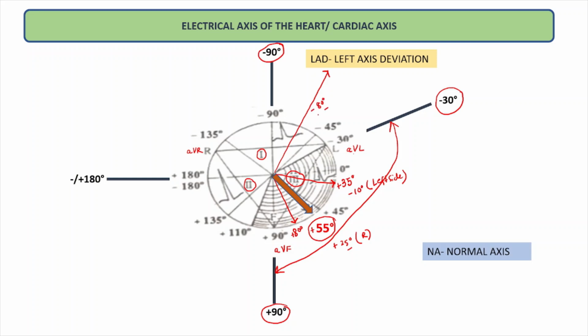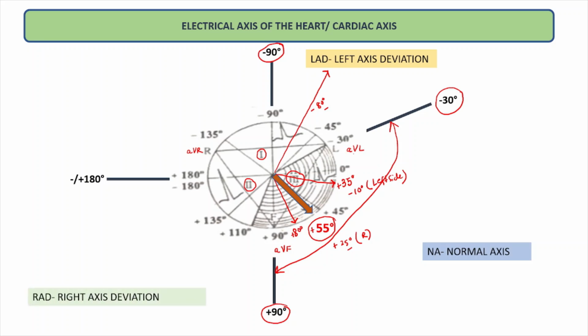So minus 80 degree is left axis deviation. There are various reasons for left axis deviation, such as shifting of the heart towards left due to any reason, left ventricular hypertrophy, left bundle branch block, anterior division of left bundle branch block, or left anterior hemiblock.